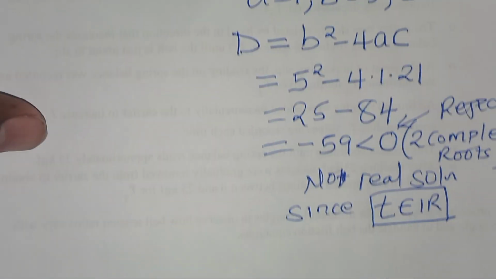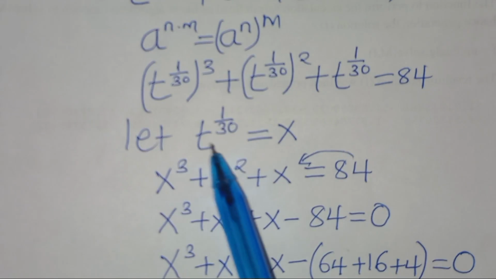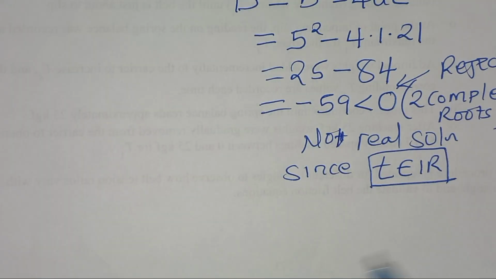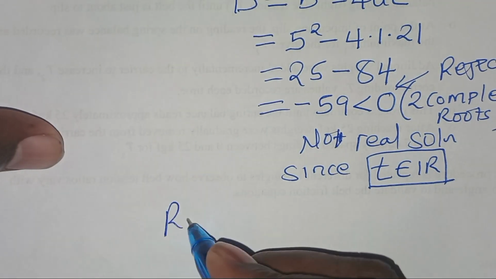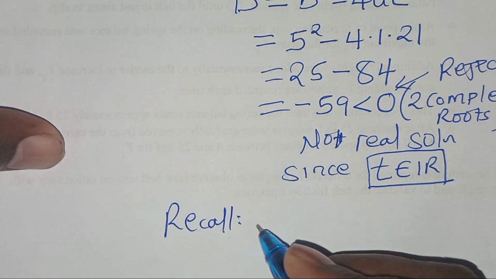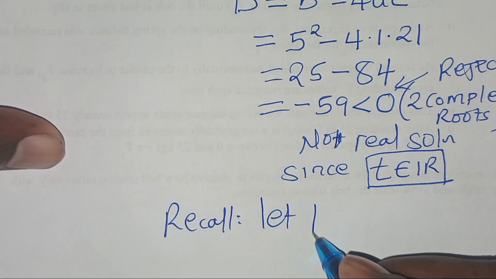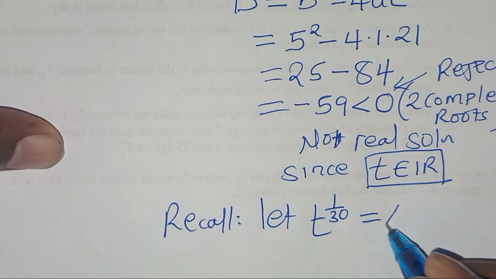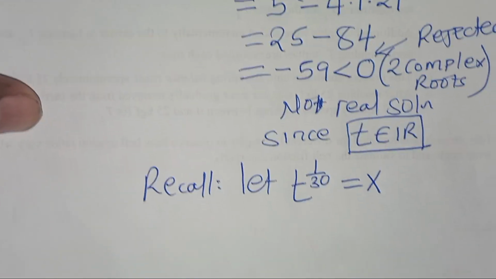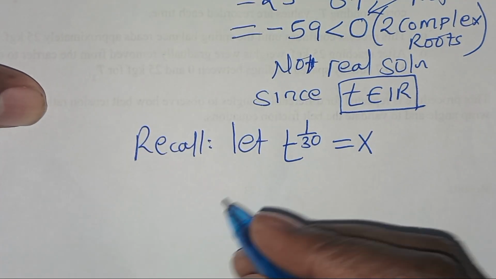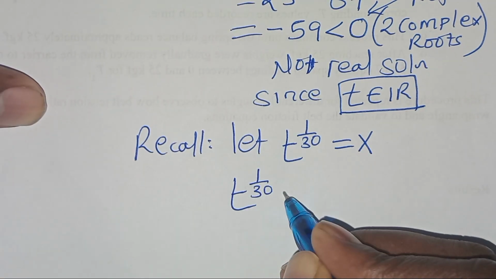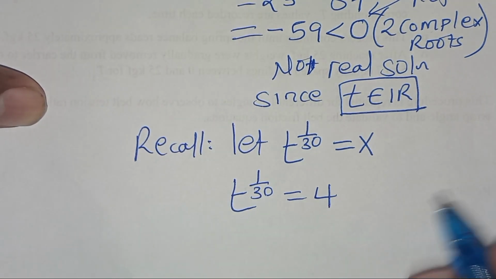So let's proceed. If you recall, we have seen let x be equal to t to the power 1 over 30, let t to the power 1 over 30 be equal to x. x in this case is equal to 4, so we have t to the power 1 over 30 equal to 4.